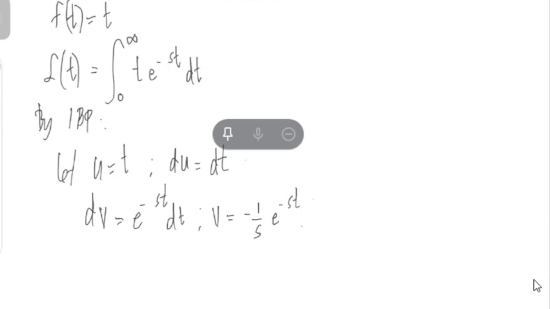Then apply the formula. That is uv minus the integral of v du.